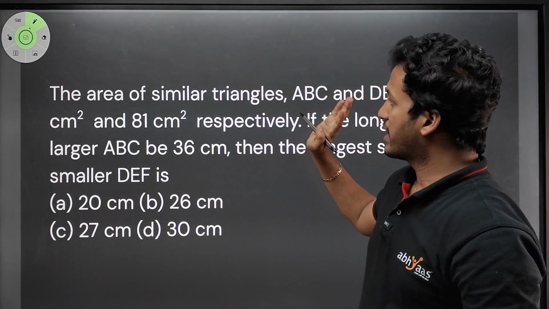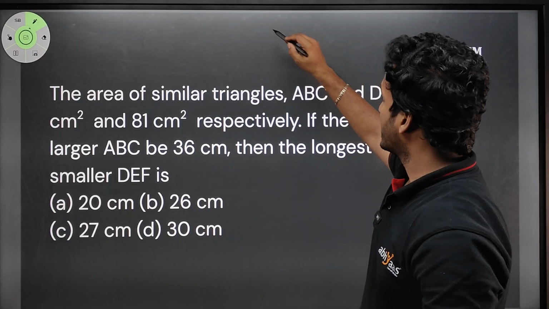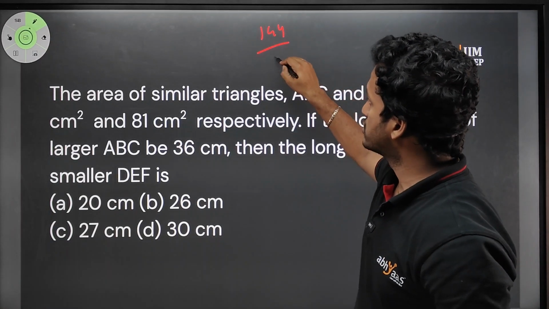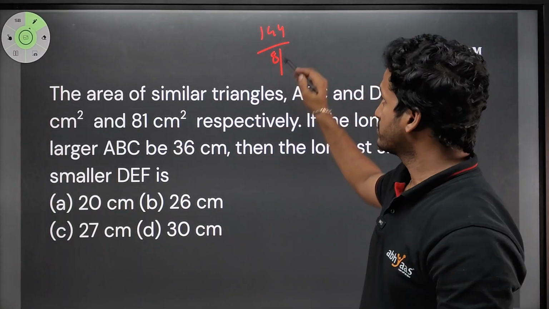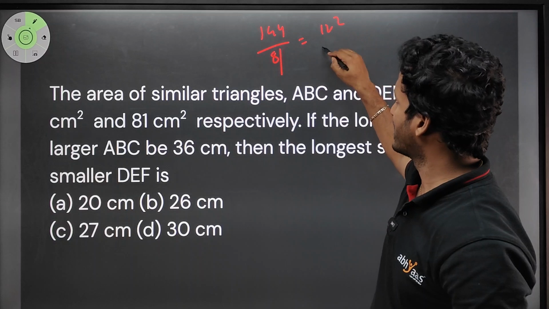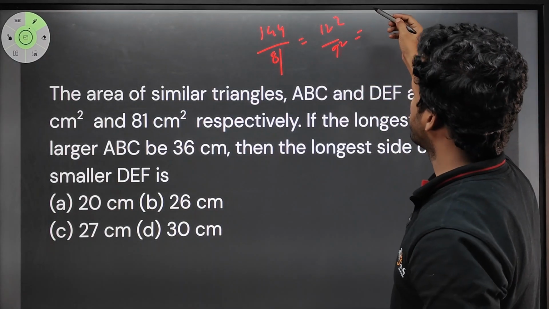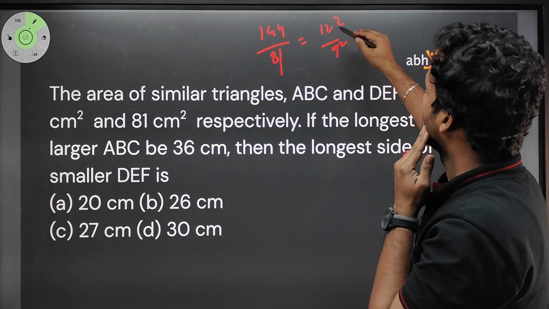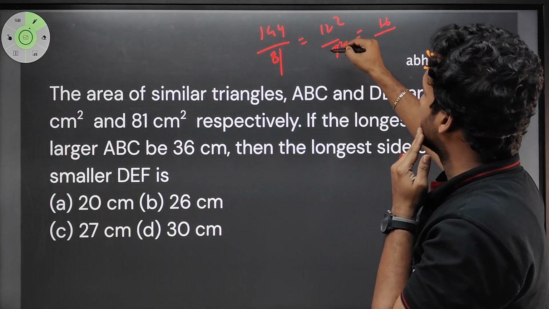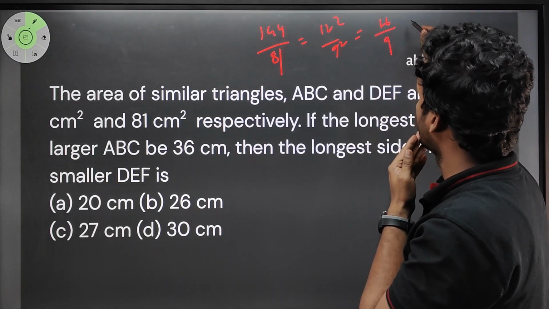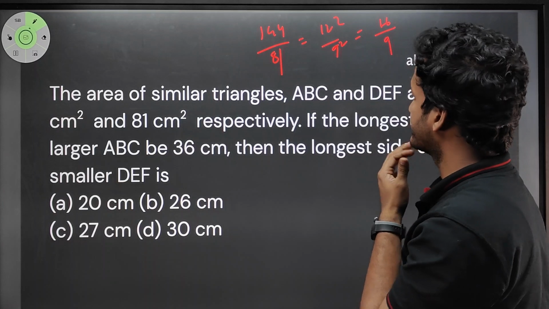Here we are applying similar triangles, and their areas are in the ratio of 144 is to 81. If you take the ratio, it's 12 square and 9 square. So if I cancel that, what would I get? It is 16 is to 9.